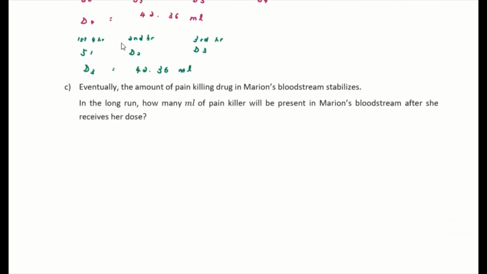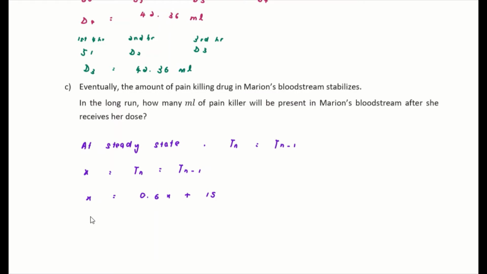The question wants us to find how many ml of painkiller. The recurrence is the same, so no matter which one you use, they should give you the same answer. At steady state, you have Tn equal to Tn minus 1, so let's call it x. Substituting, x equals 0.6x plus 15.